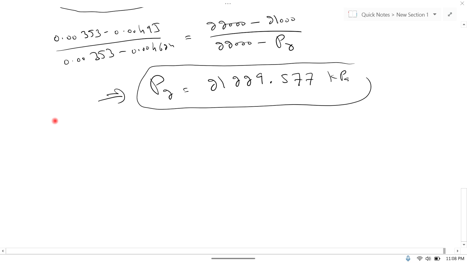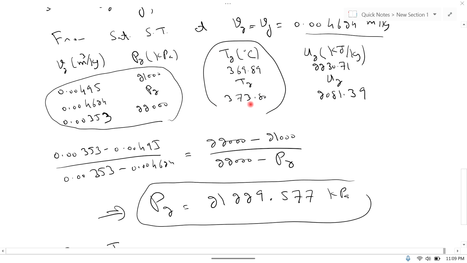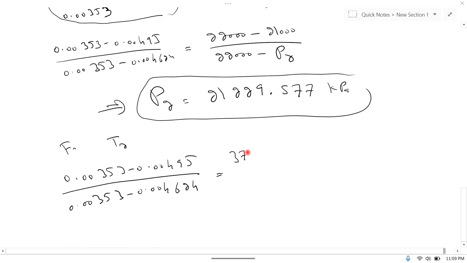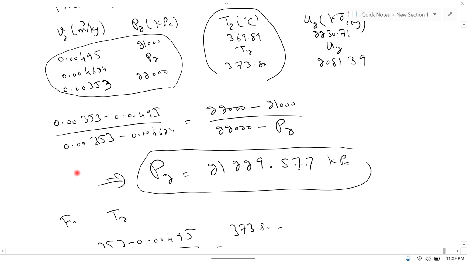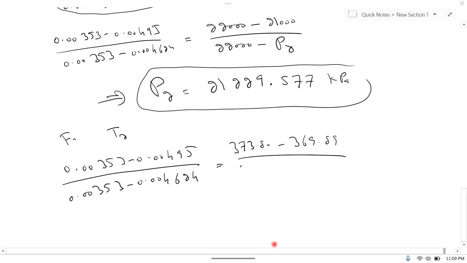Now do interpolation for T2. For T2, third value minus first value, 0.00353 minus 0.00495, divided by third value minus second value, 0.00353 minus 0.004624, is equal to, for temperature, third value minus first value, 373.80 minus 369.89, divided by 373.80 minus T2.